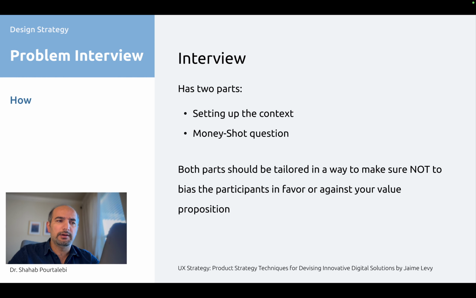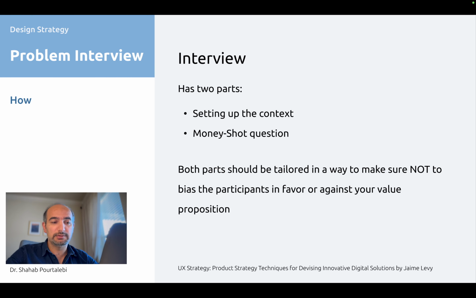So again, the screener question focuses on the user assumption. Setting up the context focuses on the problem side, and the money shot question focuses on your solution assumption. So all these three assumptions are covered here.